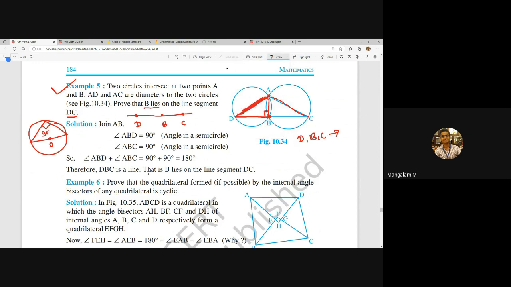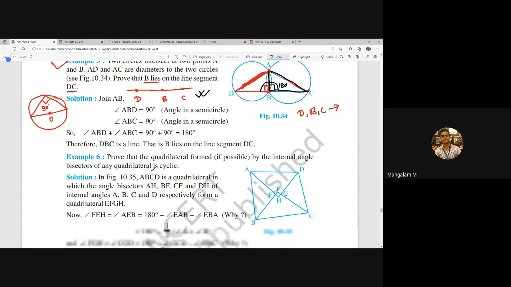Now let us discuss the circle on the right side. AC is the diameter, and the angle made from the diameter to the circle is 90 degrees. So this measurement is 180 degrees. 180 degrees means points D, B, C lie on a straight line. That's why you can say that B lies on the line segment DC.